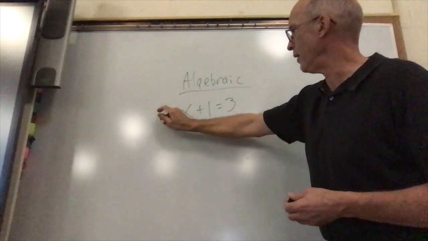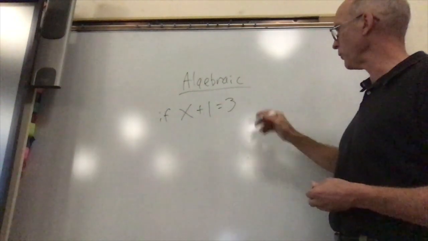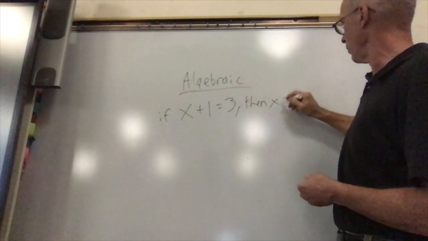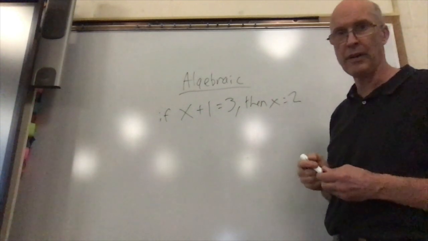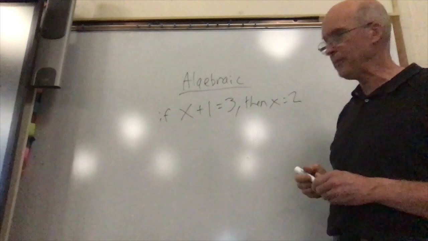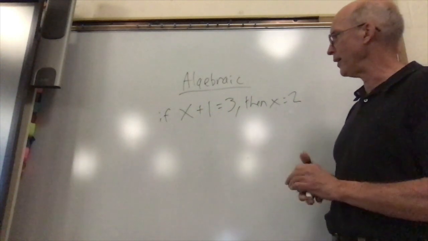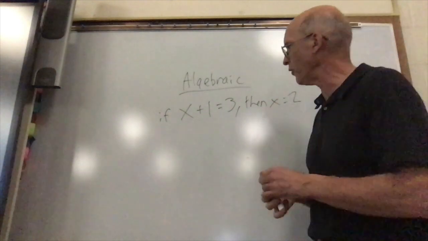They would say if x plus 1 equals 3, then x equals 2. Hope that's not too hard for you. You see it's stated in the form of an if-then statement, a conditional.